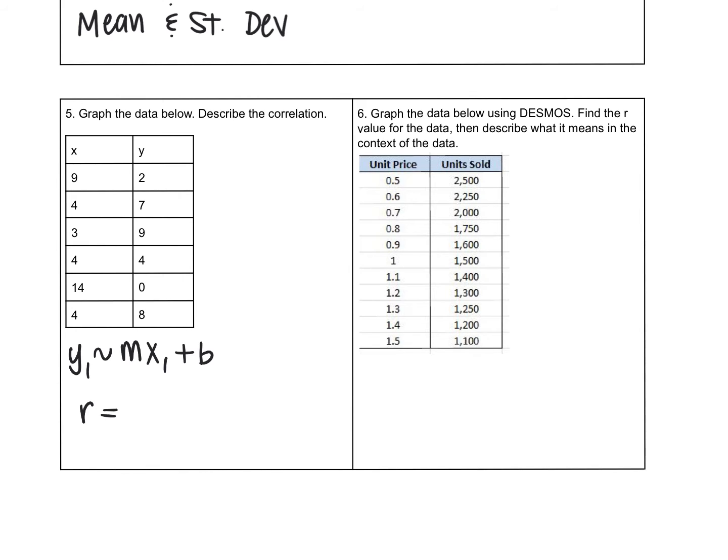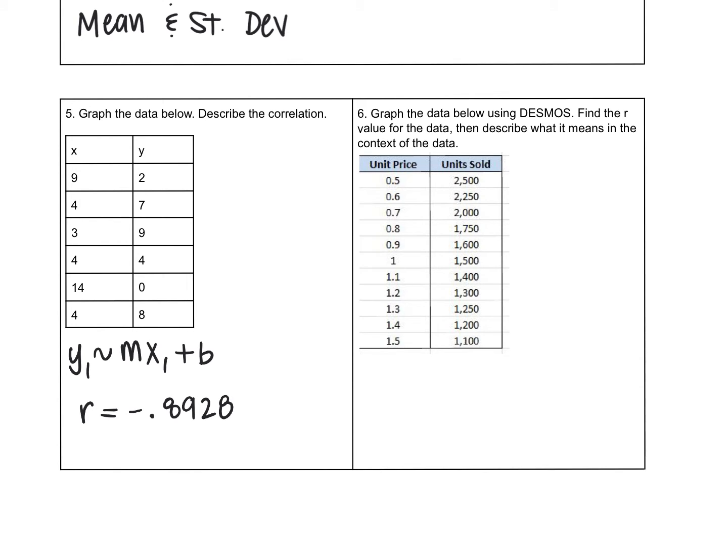So after you type that into Desmos, it's going to put a line through your data points, and when we look at r, we see that it is negative 0.8928. And based on that r value, we want to describe the correlation. So that means, is it strong or weak, and then is it positive or negative?